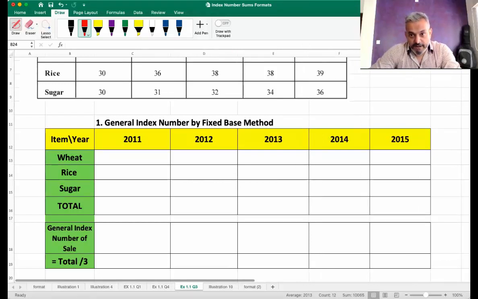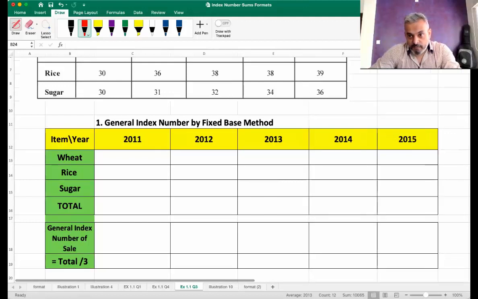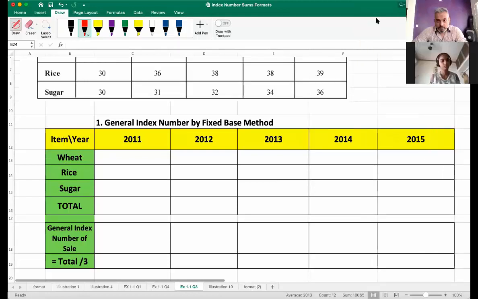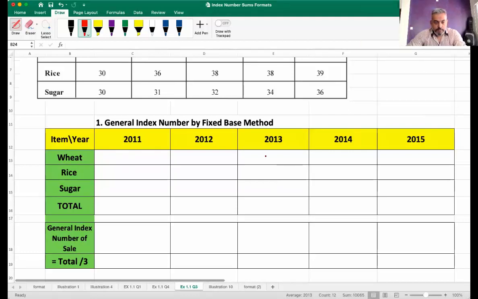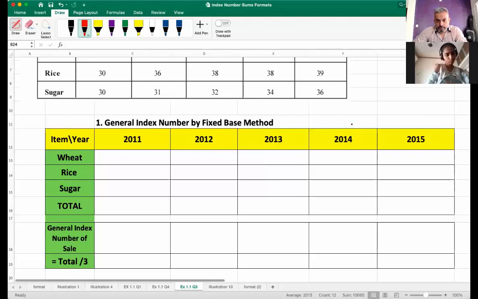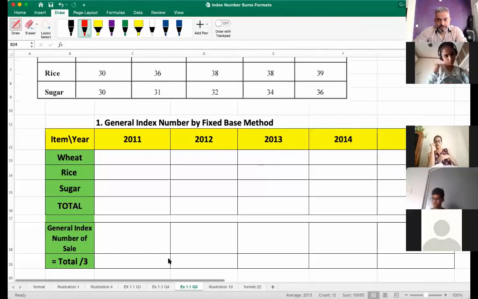So make the format. Ready with the format?